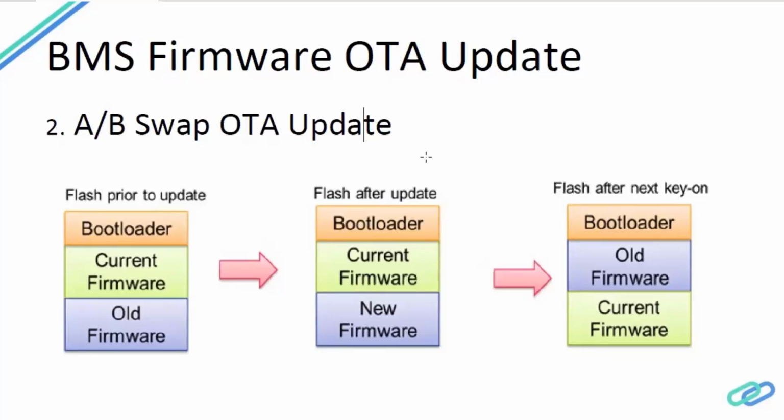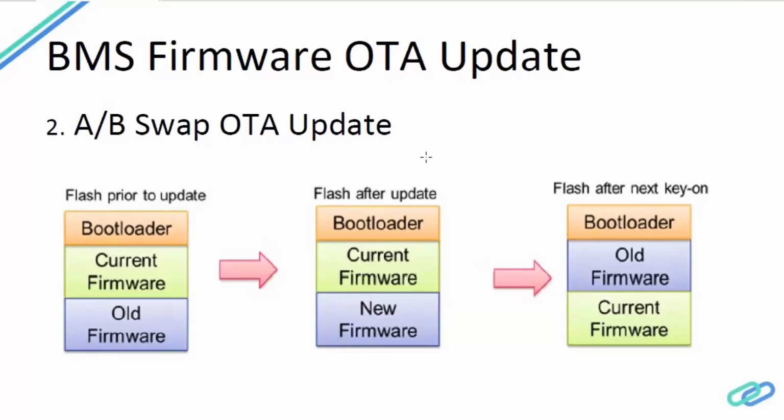Any time new firmware comes, the microcontroller unit executes the current firmware, and at the same time the new firmware is written into the other partition. Once the whole update has been written into the flash memory, they just change the stack pointer and program counter.